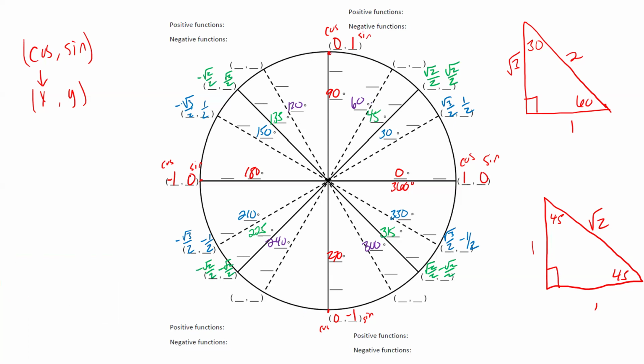All right, lastly, angles with the reference angle of 60 degrees. We're first going to find the cosine of 60. What is the cosine of 60? 1 over 2. Good job. And then the sine of 60 is going to be? Perfect. Square root of 3 over 2. So for all angles with a reference angle of 60, it's going to be the same, except you pay attention to the signs.